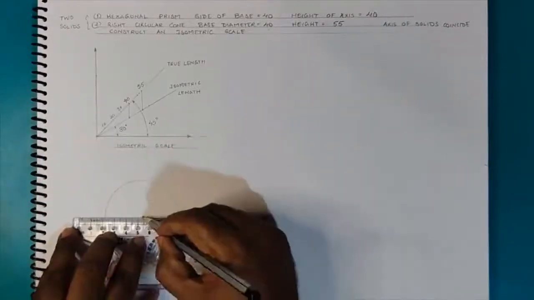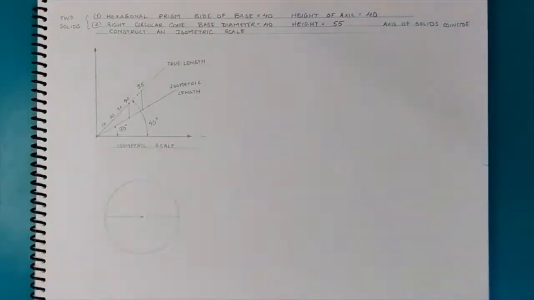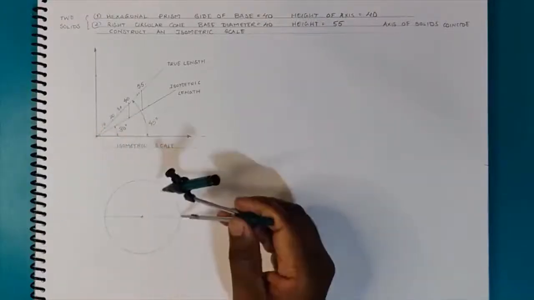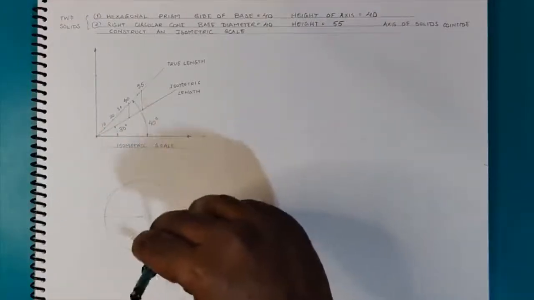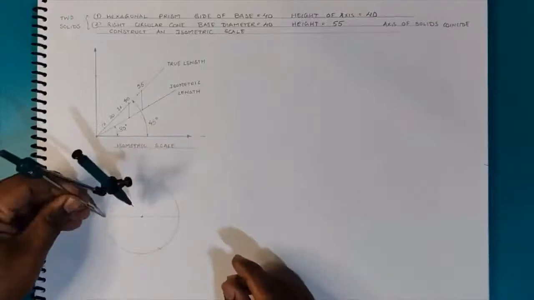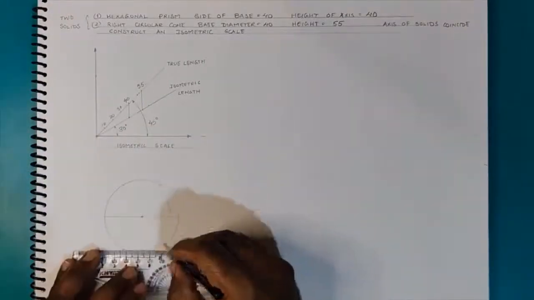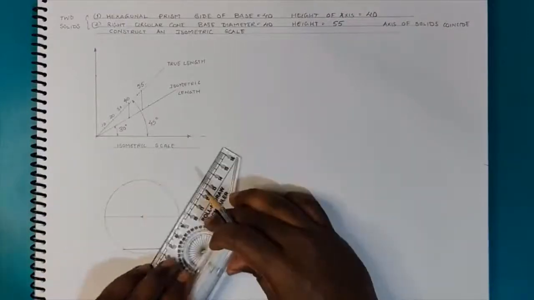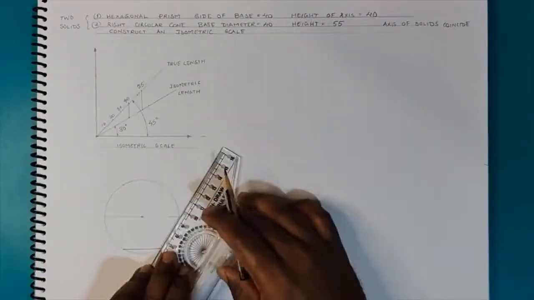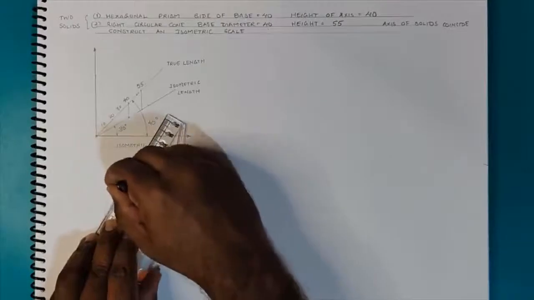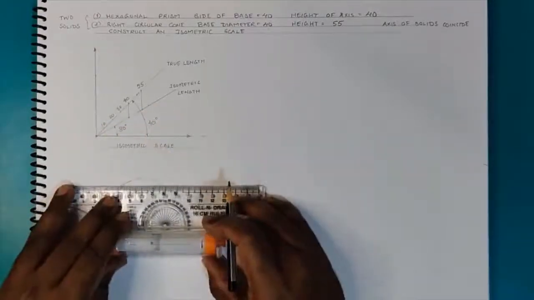I draw a horizontal diameter, and through the endpoints with the same radius, that is isometric 40, I mark arcs above and below to get the corners of the hexagon, which I join with dark outlines.